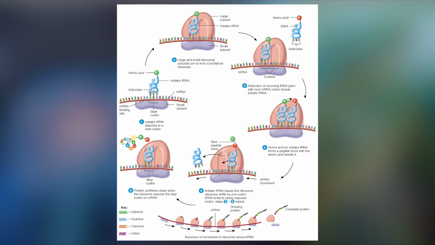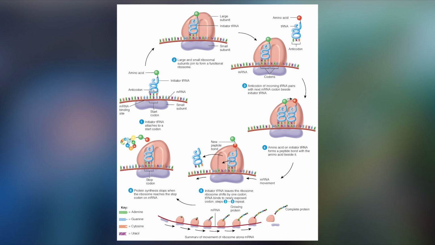Let's just quickly review the translation process as a whole. It begins with initiation, where the small ribosomal subunit and the initiator tRNA both bond to the start codon, and also then after that the large ribosomal subunit comes along and binds to the lot of it, such that the initiator tRNA is in the P, the middle position. That's the initiation phase.